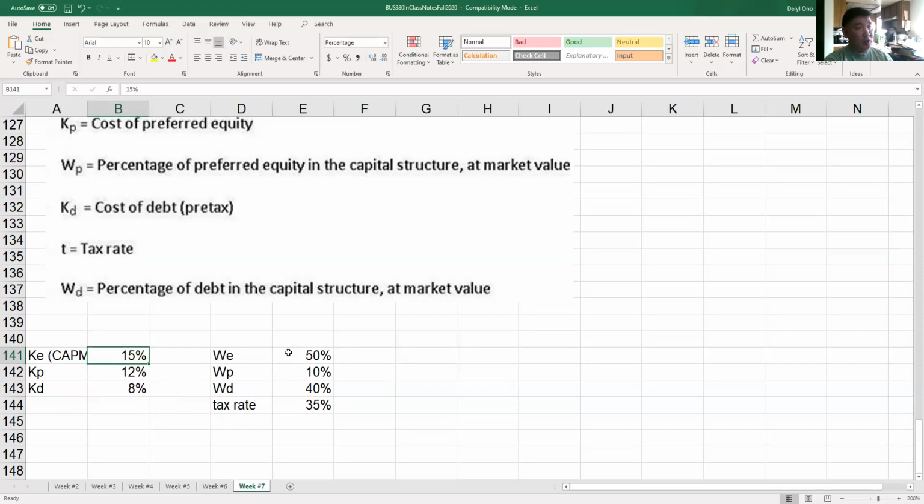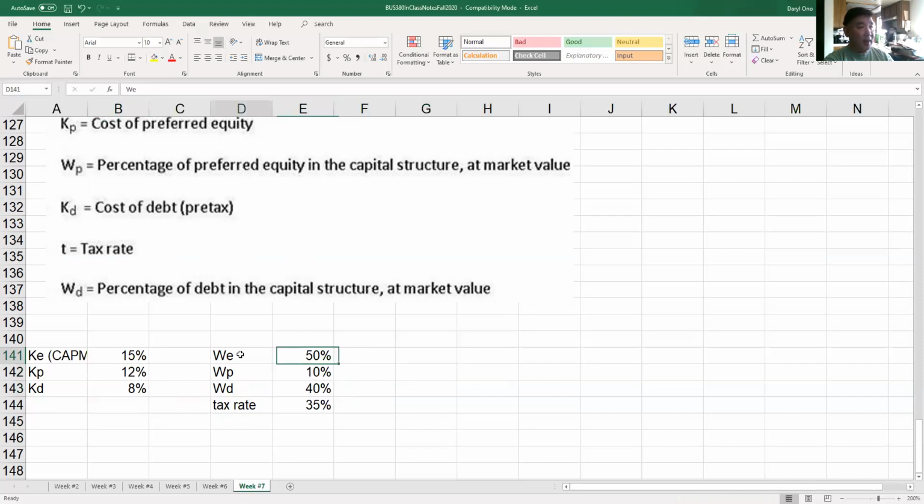Equity is 50% of the balance sheet. Preferred stock is 10% of the balance sheet. Debt is 40% of the balance sheet. You can see all these are just given to us.